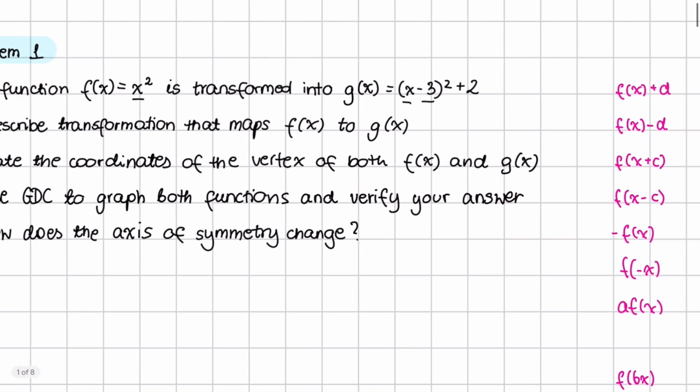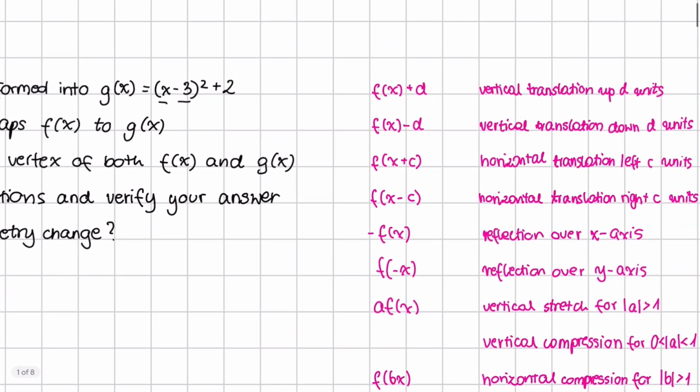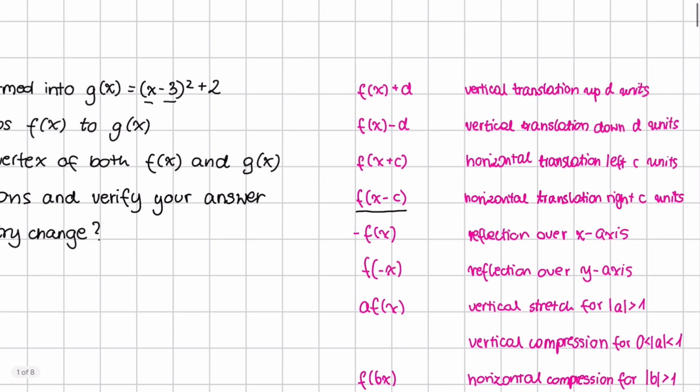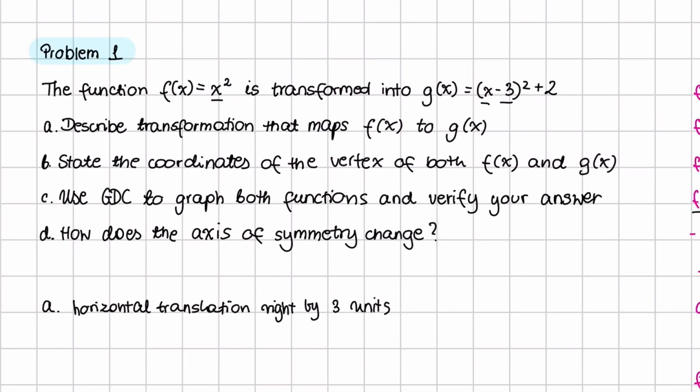So here we have this. And this is horizontal translation right by c units. So this is our first transformation, and you can observe that our sign, so plus or minus, they only show us up, down, right, left.